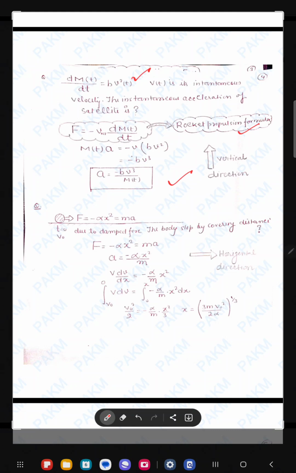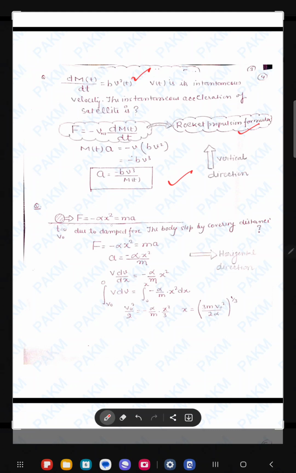One question was there. In the same way, once a force is acting and there is some friction, or we can say some retarding force as a function of x, what are you supposed to do? F is equal to ax, and that force is equal to ma. So from there we'll get the value of a.